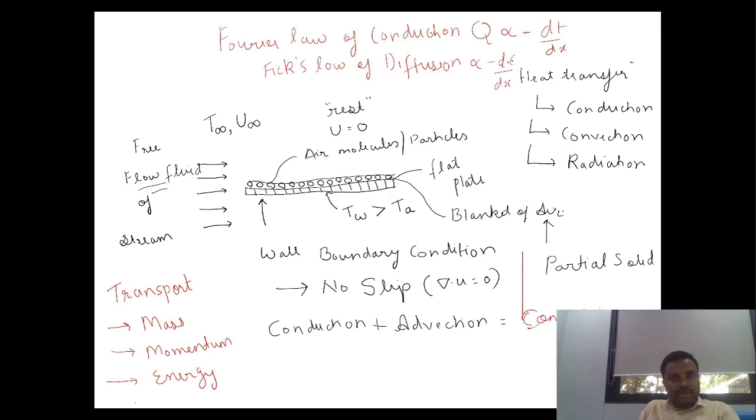Now since both of these are analogous, in the first case there is a transfer of heat, and since transfer of heat is analogous to transfer of mass, we call this particular term diffusion. So diffusion plus advection will be your convection.